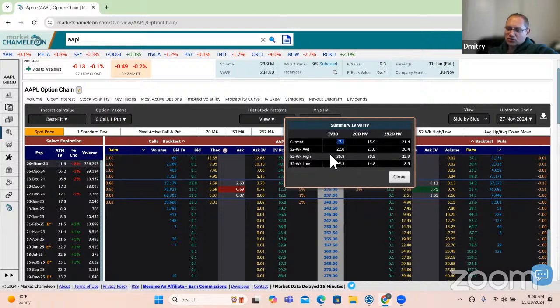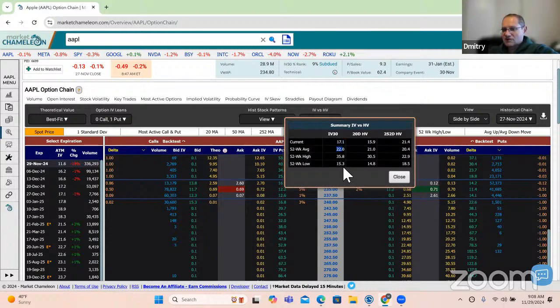We're referencing 30-day constant maturity at the money. And then let's look at 3 benchmarks to get an idea where this implied volatility level is in reference to those historical benchmarks. The first one we see is the 52-week average.